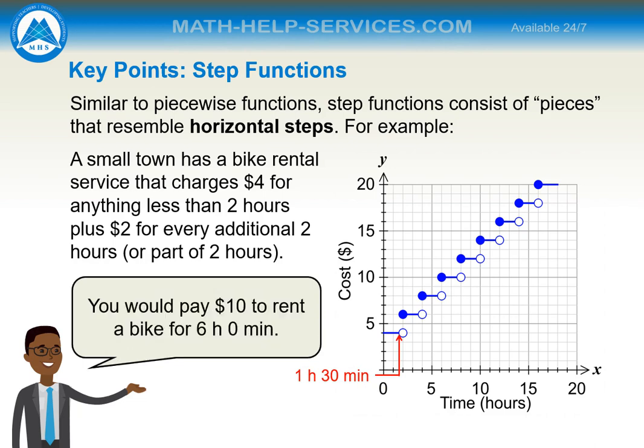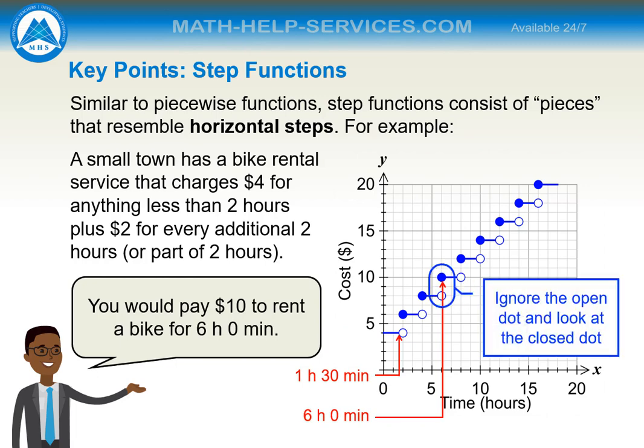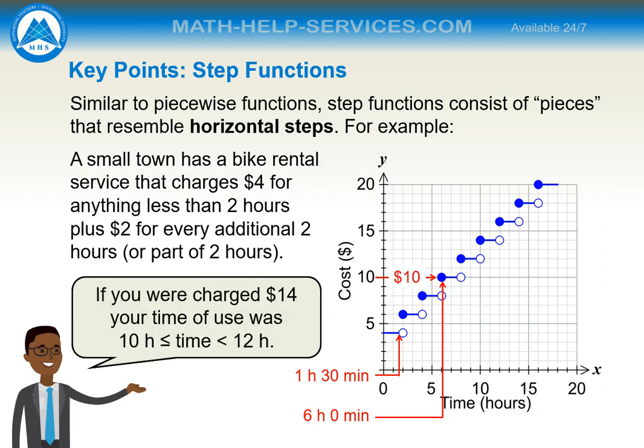You would pay $10 to rent a bike for 6 hours and 0 minutes. Ignore the open dot and look at the closed dot in this case. If you were charged $14, your time of use was somewhere between 10 hours and 12 hours. Notice we can include 10 hours, but not the 12 hours.